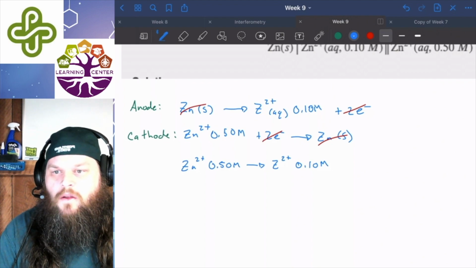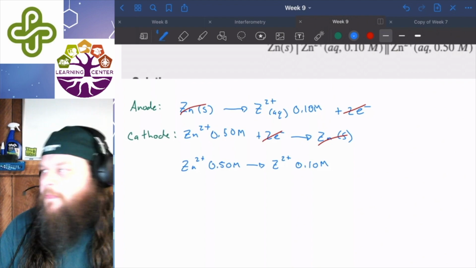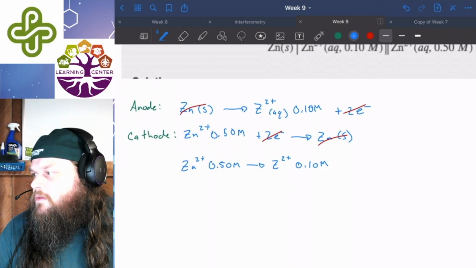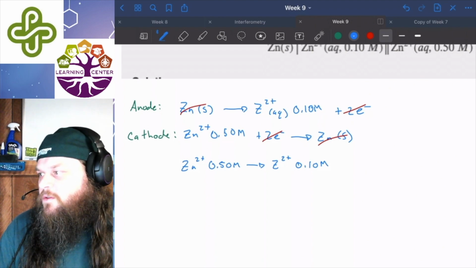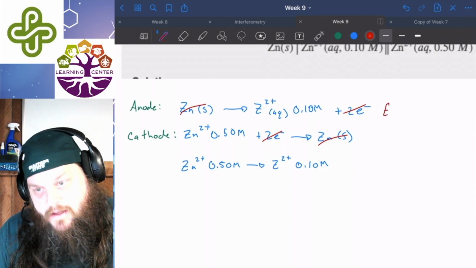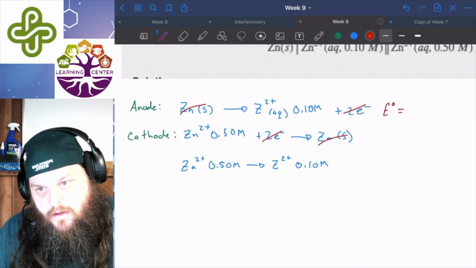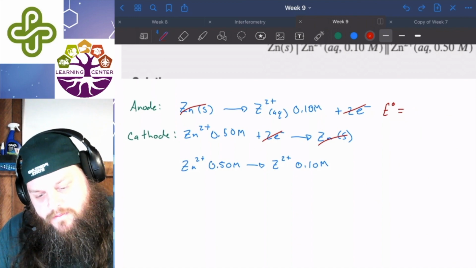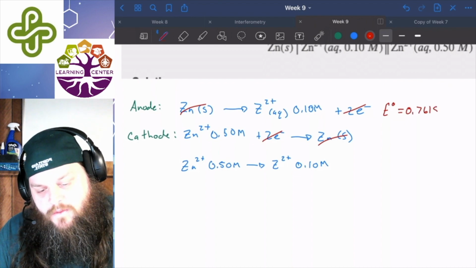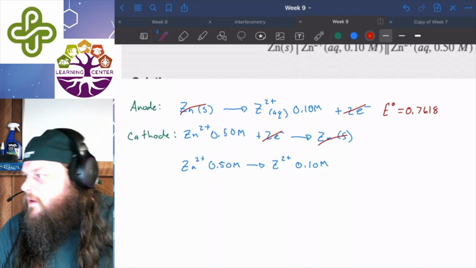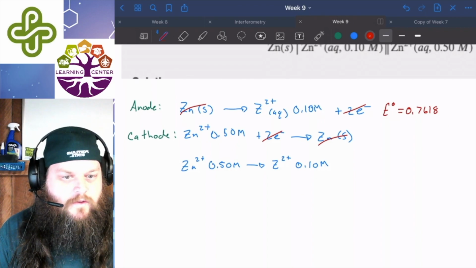So if we looked at what those cell potentials are, looking at zinc, well, zinc 2 plus to zinc has an E equal to negative 0.7618. And I'm seeing that there. Switch over.